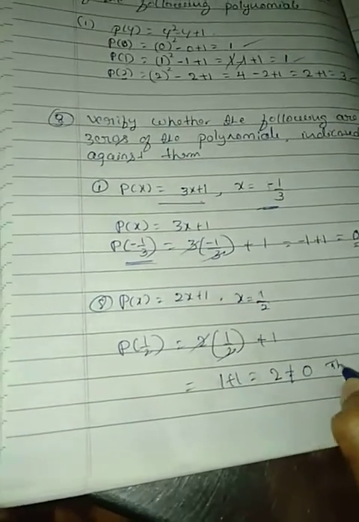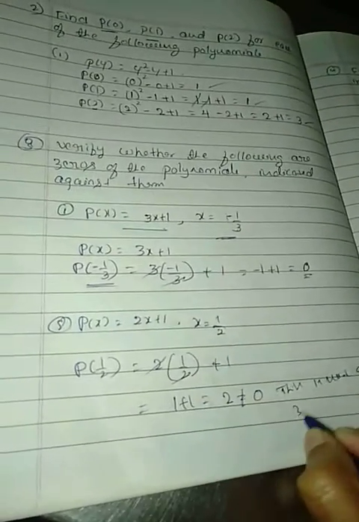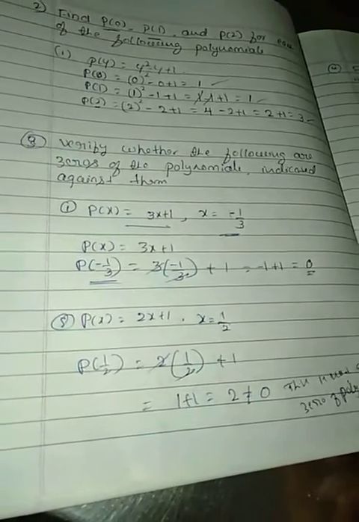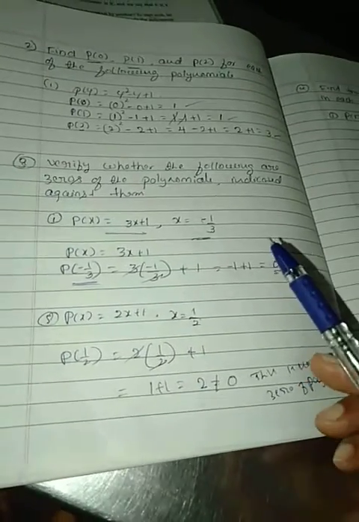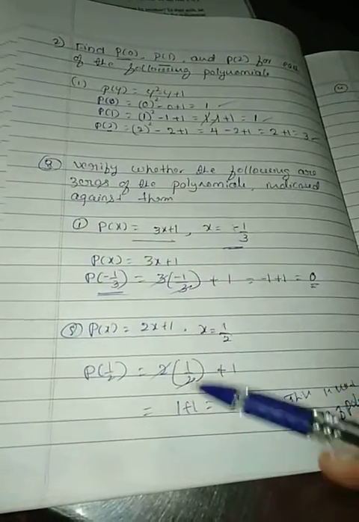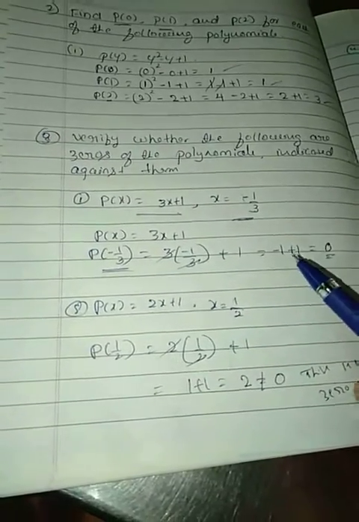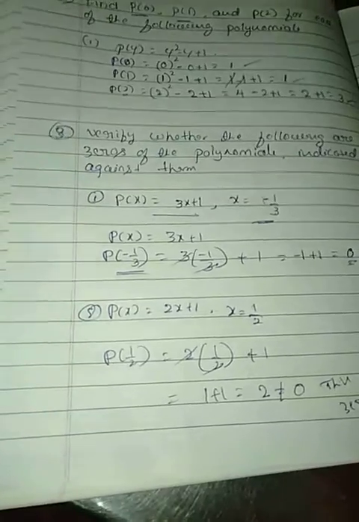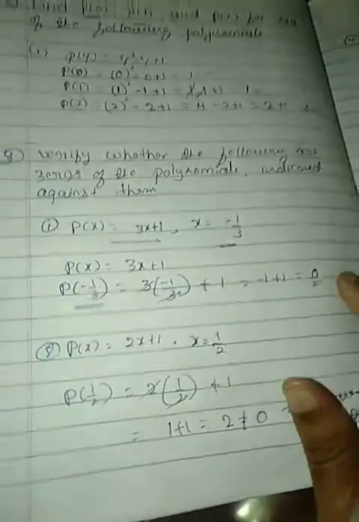So when you put the value of x and we get 0, that means the value of x is a zero of the polynomial. If you get other than 0, the value of x is not a zero of that given polynomial. You should remember that.